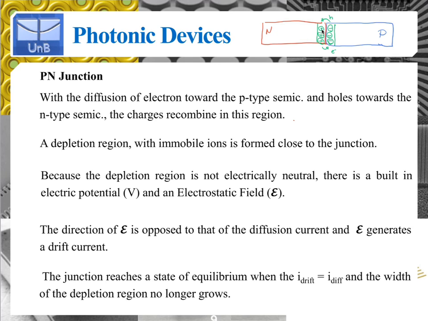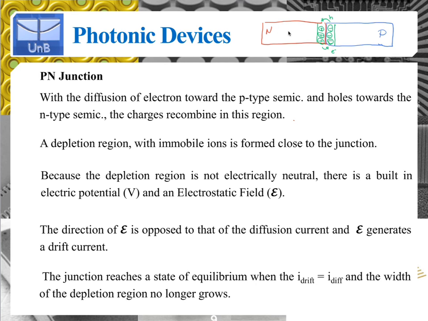And this means that there will be an electric field in this region because you have positively charged immobile ions here, negatively charged immobile ions here. These regions are no longer neutral, this region has a net positive charge, this region has a net negative charge distribution, as opposed to what happens in the remaining parts of the semiconductor, where the overall net charge is 0, right?